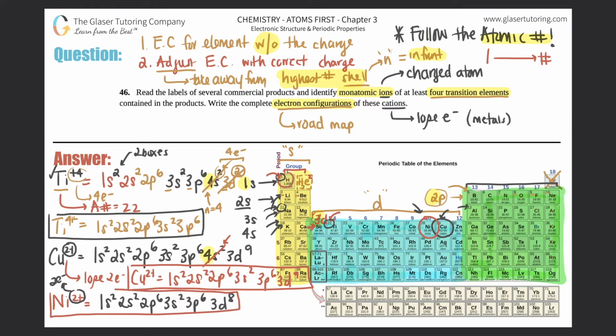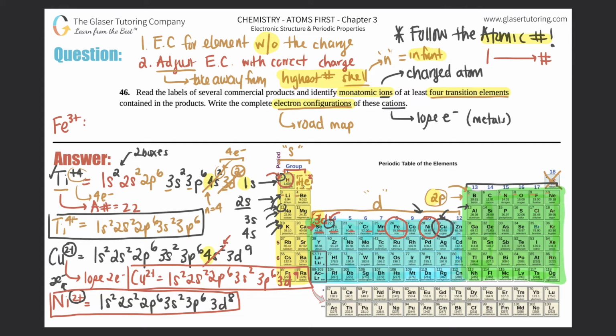Last but not least, let's do Fe3+. I'll do it up here. So once again, write the configuration without the charge and then adjust for the charge. So Fe is over here. So it'll literally be the same thing, but the only difference is you're just adjusting for, it looks like 6.